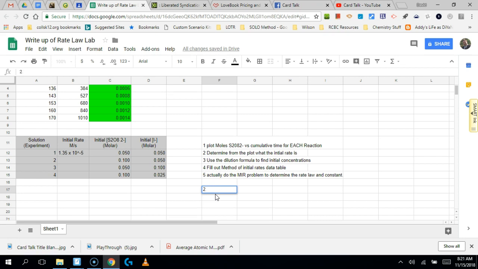Orders are never decimals. So if you get something like 0.3 as your power when you do the math, that has to go up to 1.